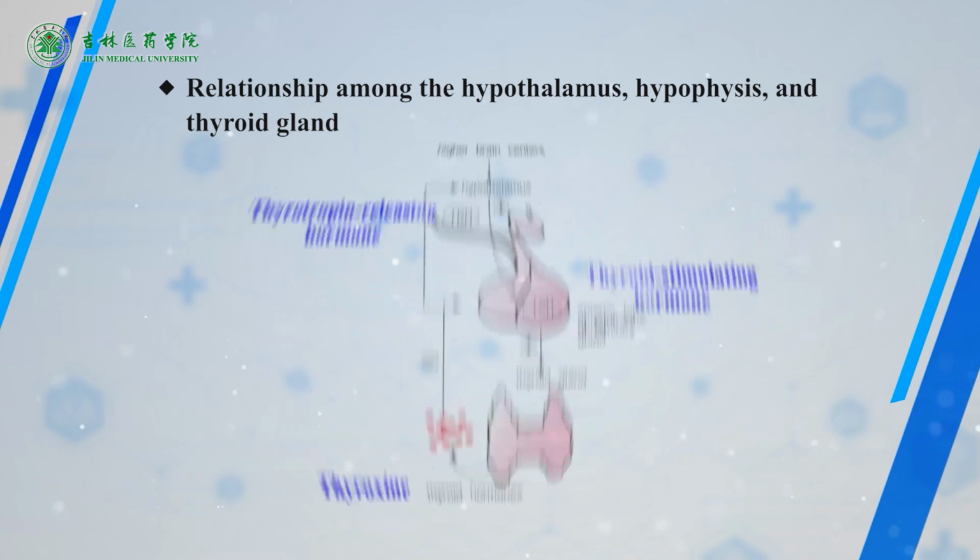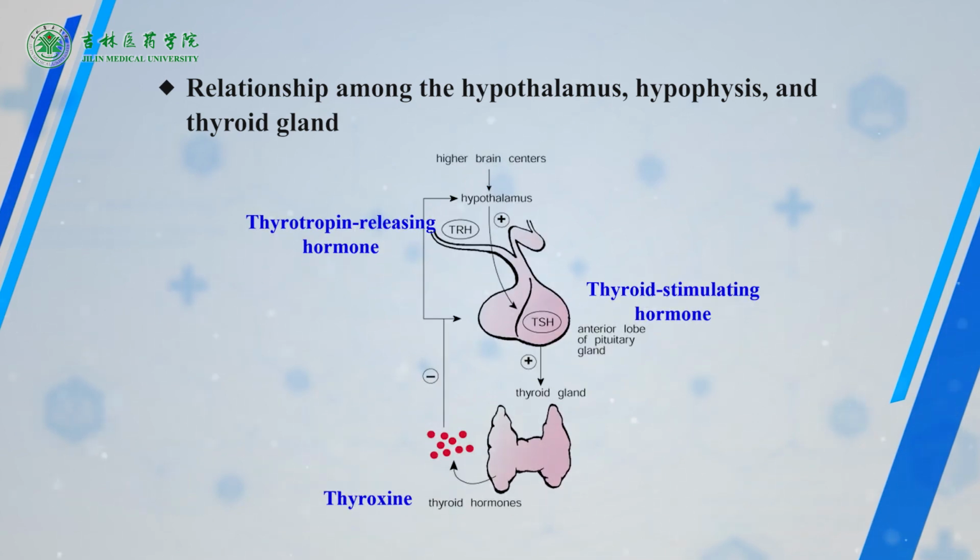Now, take thyroid gland as an example. Let's have a summary of the relationship among the hypothalamus, hypophysis, and thyroid gland. Then you will have a deeper understanding about the endocrine system. Hypothalamus secretes thyrotropin-releasing hormone to the pars distalis of hypophysis to promote the secretion of the thyroid-stimulating hormone, which leaves the hypophysis to the thyroid gland to promote the secretion of thyroxine.